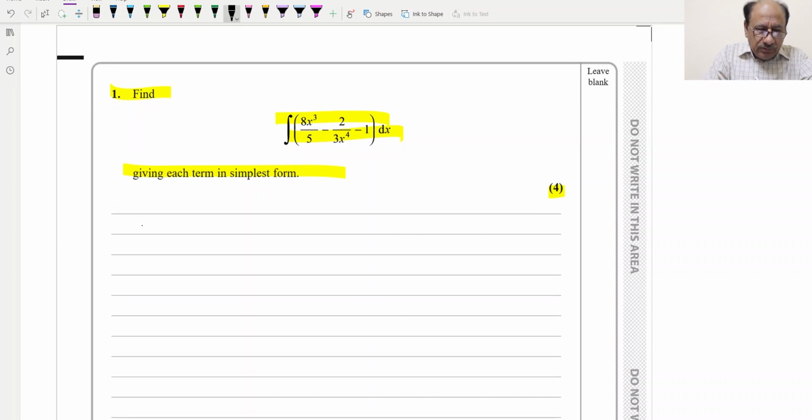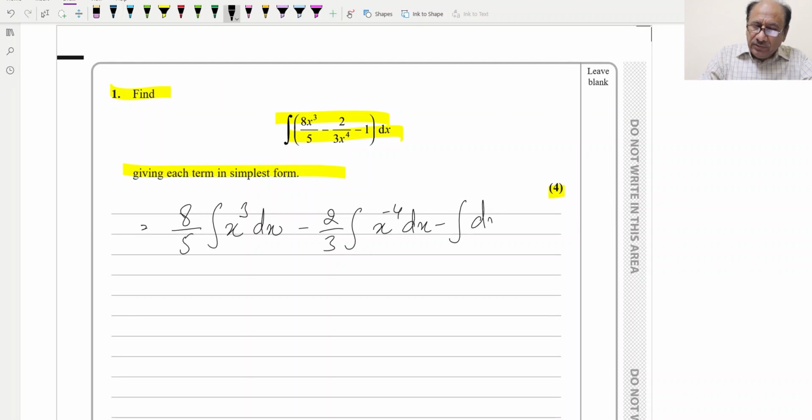So we can rewrite it as 8 over 5 integral x cube dx, and minus 2 over 3 integral of 1 over x^4, or we can write x raised to minus 4, dx, and minus integral dx. This is how we can separate.